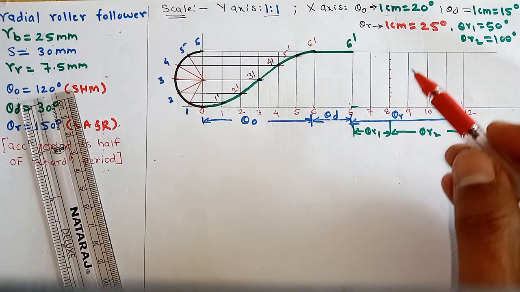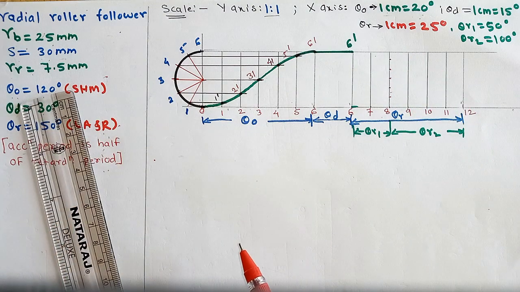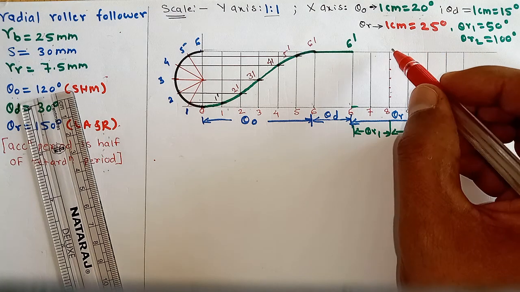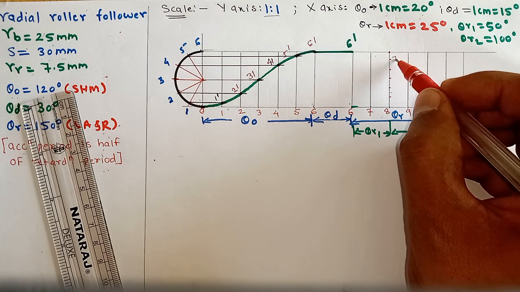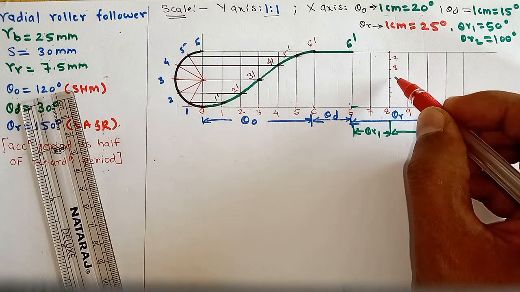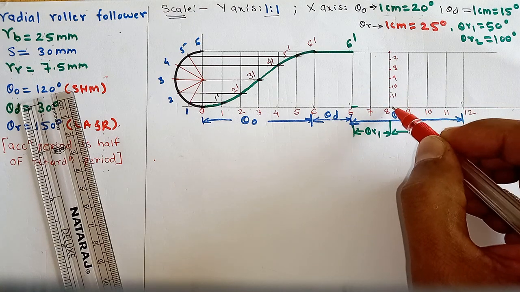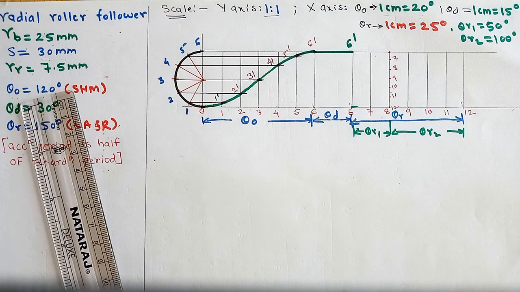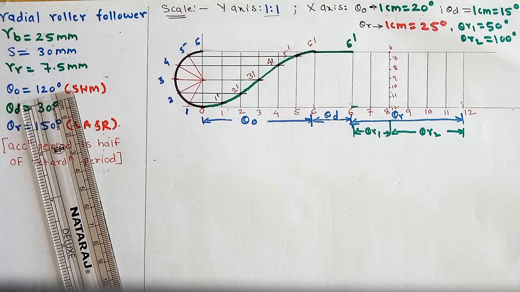Let us number these divisions from top to bottom, because this is the return stroke. The follower will return to its lowermost position. So this is 6, this is 7, 8, 9, 10, 11 and this is 12.